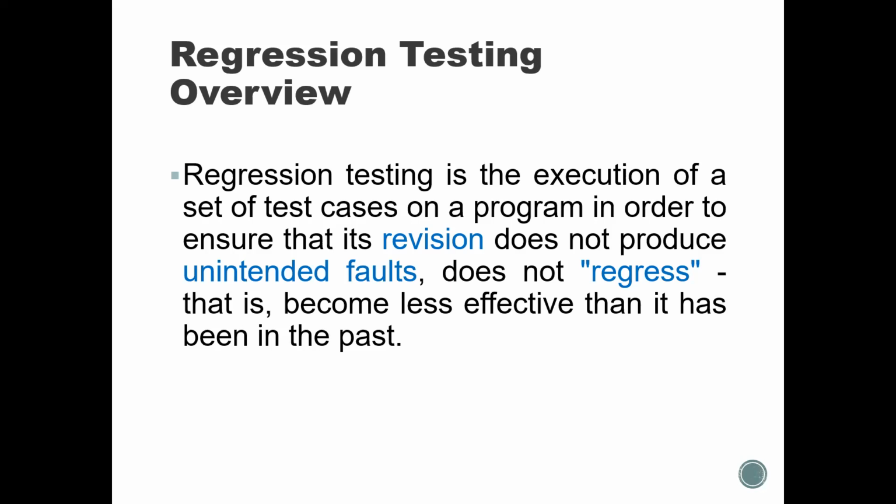This is the first thing, and it does not regress. Regress here means it does not become less effective than it has been in the past, because in the past it might not have been working properly, but now you have made certain changes and you want to check the overall functionality of the program.